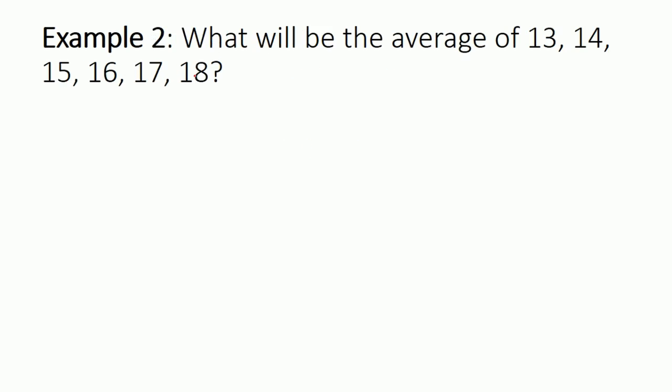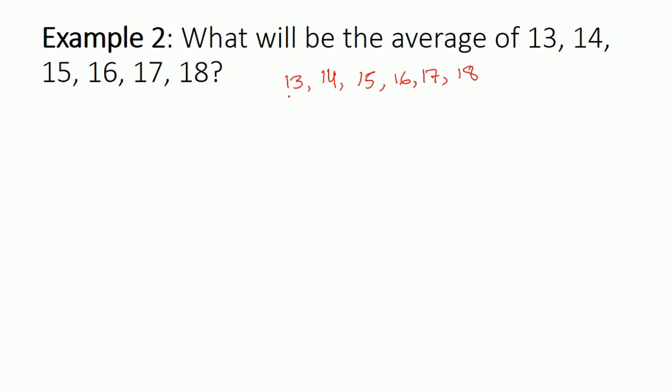Now if you move to the second question, a similar type of question, again you have 13, 14, 15, 16, 17, 18. Again, this is a continuous, direct series. But in this case, it's not an odd number, it's an even number. 6 different numbers are there.